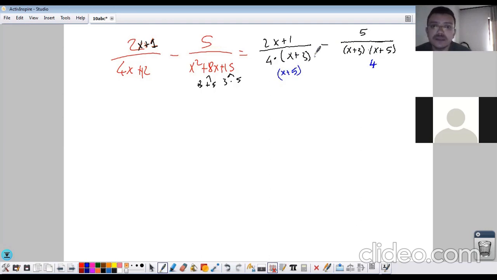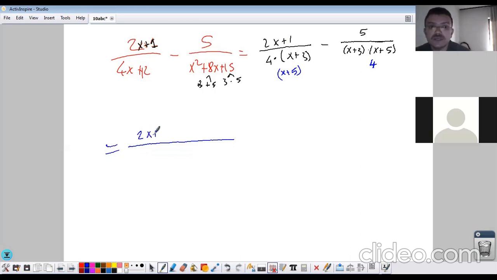Then I multiply. In the first denominator, it will be 4 times x plus 3 times x plus 5. I will have 3 parts. When I multiply these, 4 times x plus 3 times x plus 5, I will have exactly the same 3 parts in the denominator. So then, when I multiply with something, I should multiply up and down, both of them. I did this question even harder than class examples.